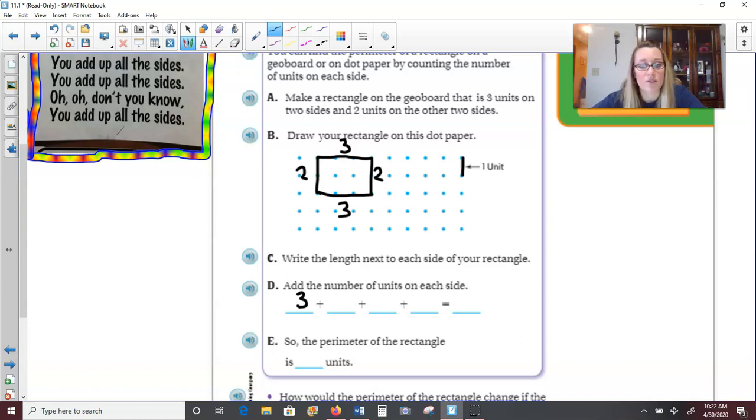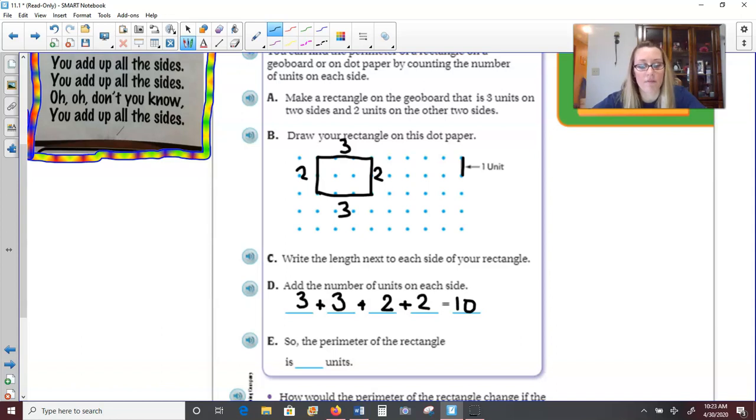I might choose to do 3 plus 3 first because those are doubles, and then add 2 plus 2 because those are doubles. These might look like subtraction signs to you, but they are addition. When things get copied, they get a little blurry. So 3 plus 3 is 6, and 2 plus 2 is 4, and 6 plus 4 is 10.